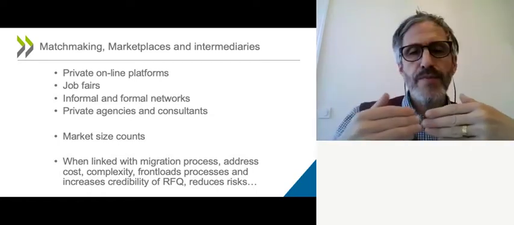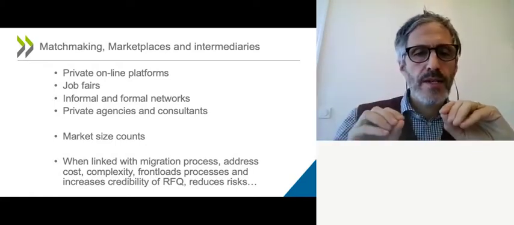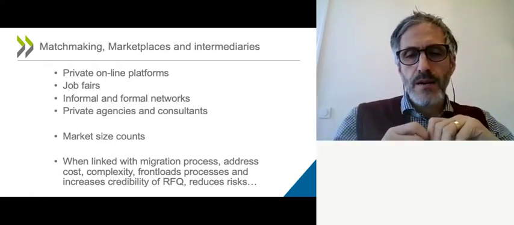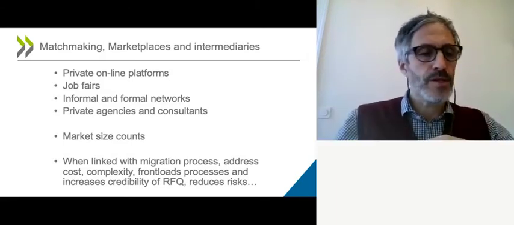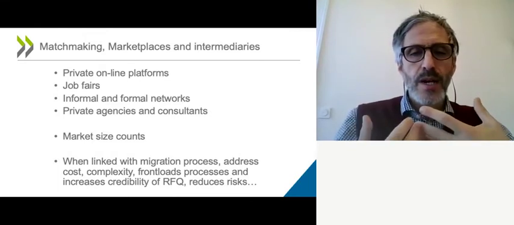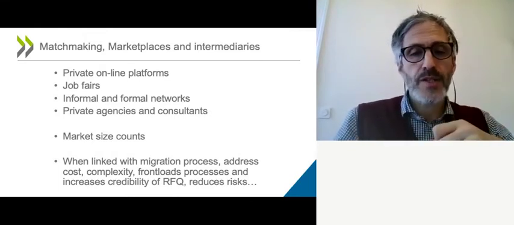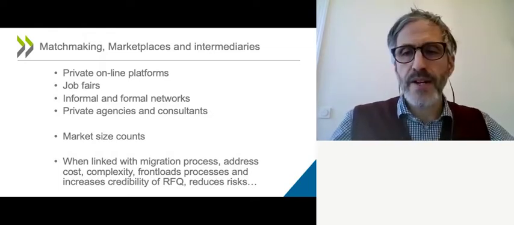So is there a link between these many private and public matchmakers and the administration which actually manages the migration process? That a link makes sense because it can address some of the higher costs, the complexity, and we'll get into some of the ways that can be a benefit.